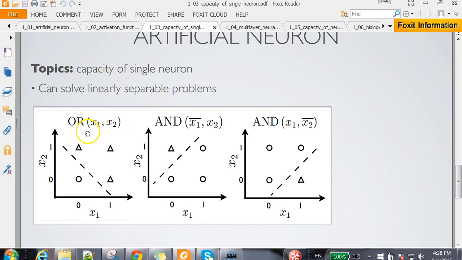Now, I don't know if you're familiar with logic, true-false tables and so on or not, but I'm assuming here that you are. So we can talk about the logical operator OR, which actually can be thought of as a function.